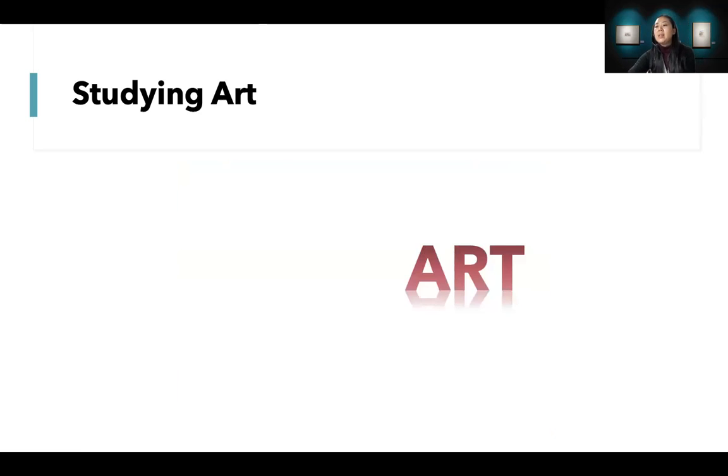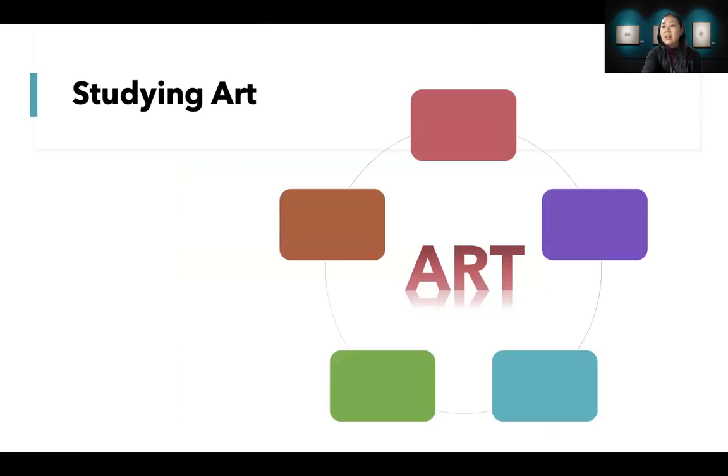So, by studying art, we need to see these 5 things. So, art is a form of communication using visual language. All communication has a purpose, a message that is called content.